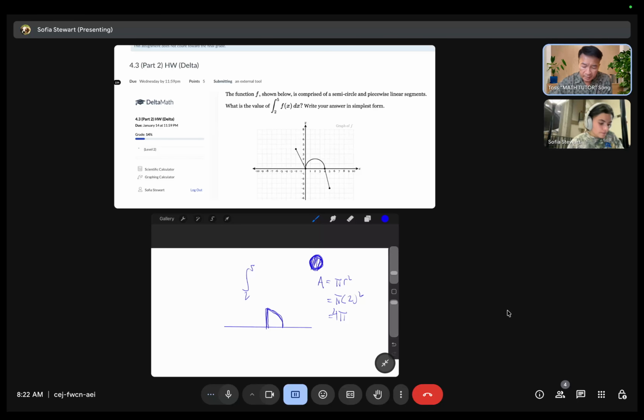But then since we're doing between 2 and 5, it will look like this. For this particular top portion, it's going to be a fourth of 4 pi. Do you agree?